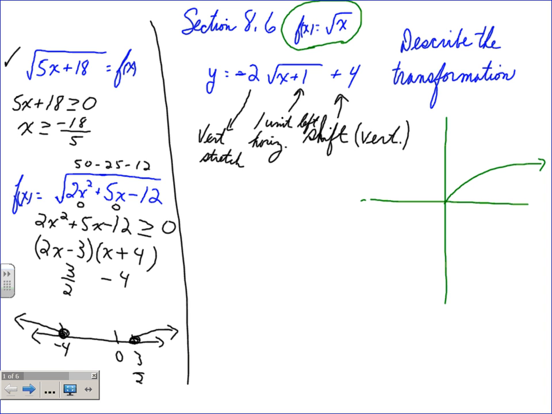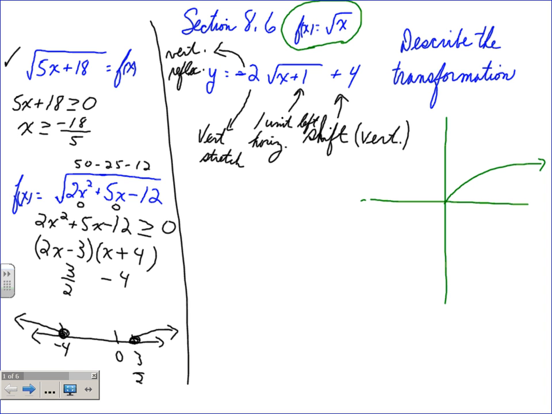stretching it by a factor of 2, and then what about the negative out front? It's reflected. Which way? Horizontal or vertical? Vertical. So this becomes a vertical reflection. Turns it upside down. Okay.